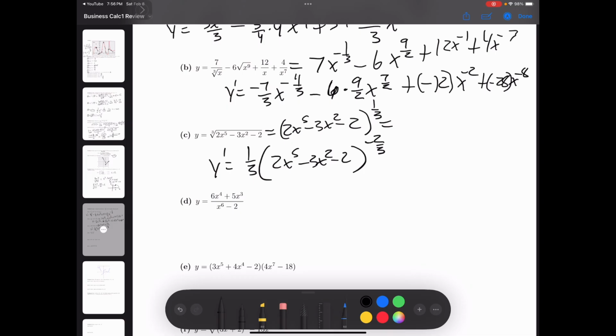And then it's just that times the derivative of the inside. The derivative of the inside is 10x to the 4th minus 6x. The 2 goes away, so we don't have a minus. And that's our chain rule.